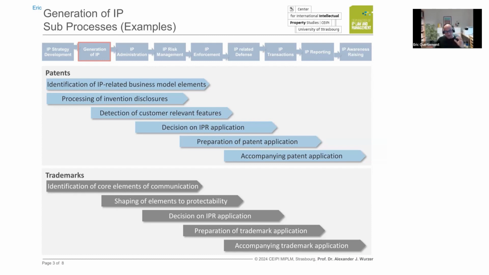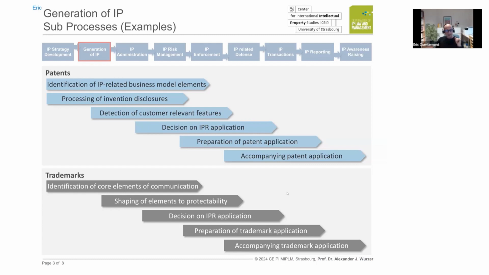And to defend our unique communication proposal, we use trademarks, by identification of the core elements of communication, all the signs that make us distinguishable and different, the shaping of elements to protectability, decision on the application of the rights, then preparation of the trademark application and accompanying trademark application.